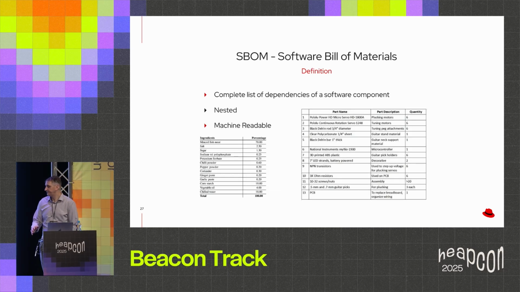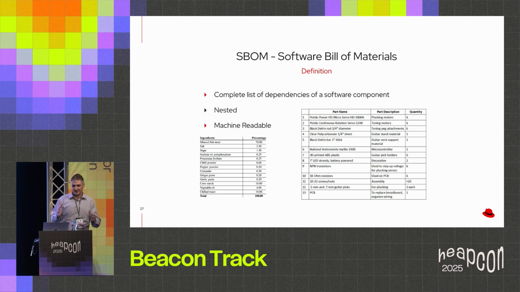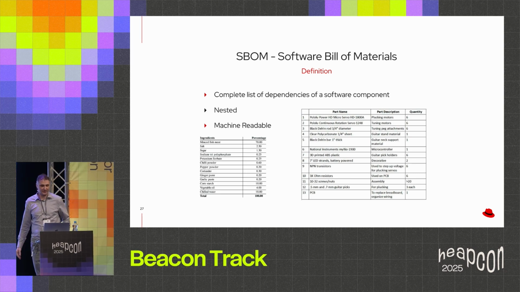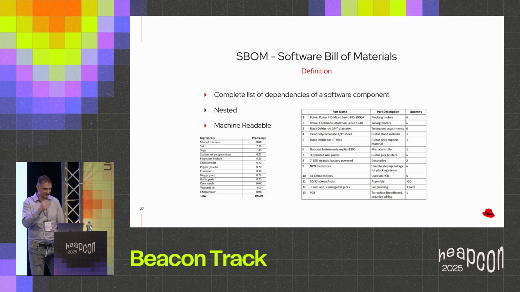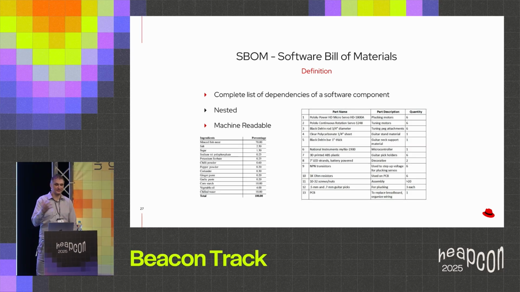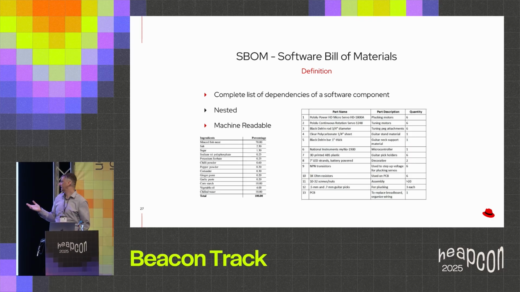So now we need to put these things in a container, and that's where software bills of materials come into play. We talked about SBOMs, I think, 2 years ago at Heapcon, and it's a big thing in software supply chain security. I like to compare it with a food declaration. It's a list of all the things that are in your software project or product.